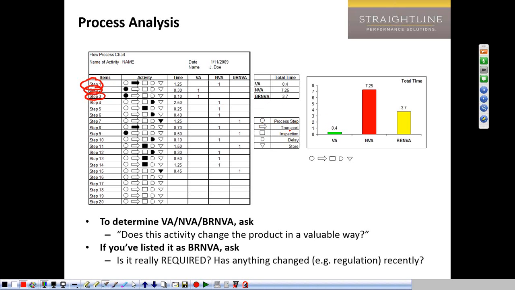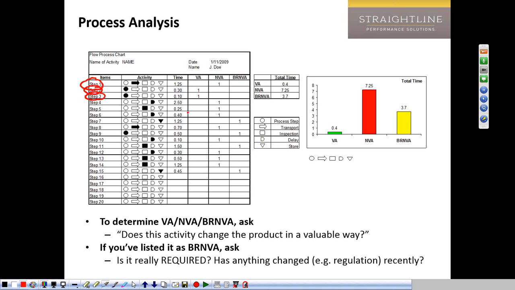Anytime there's any inspection, you select that icon, for example step 5 here is meant as inspection, and you write down what that step is. Anytime there's any delay, if somebody waits for something, you write that down and put that symbol in. And anytime there's any storage, you put that symbol down, and that's that.